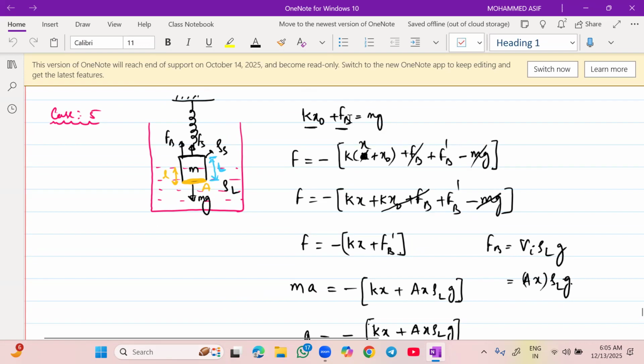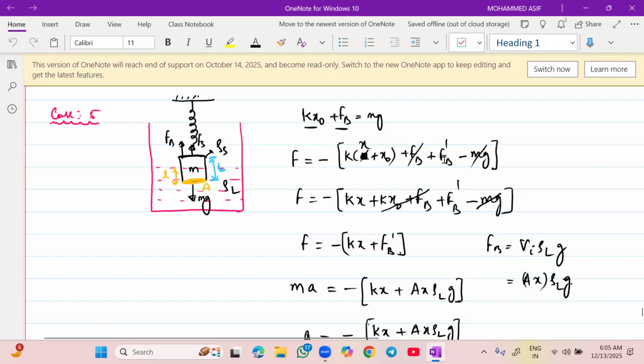So if I bring this, buoyancy force will be equal to your outward net force. F net is equal to restoring force. We are applying Newton's second law basically. Displace the body by a small displacement; the force will be equal to k into x plus x naught, plus the buoyancy force, isn't it?